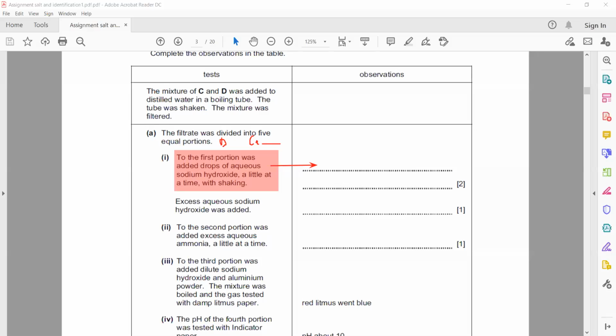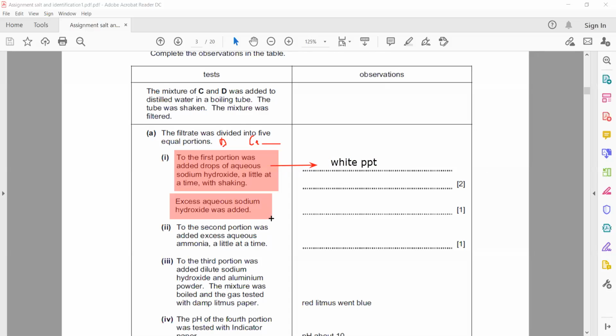How will you know it? Last week I shared one test for the positive ions, that table which you have to memorize. If a compound contains calcium and you add sodium hydroxide, that compound will give a white precipitate. So it's actually related to memorization of the tests for the ions.